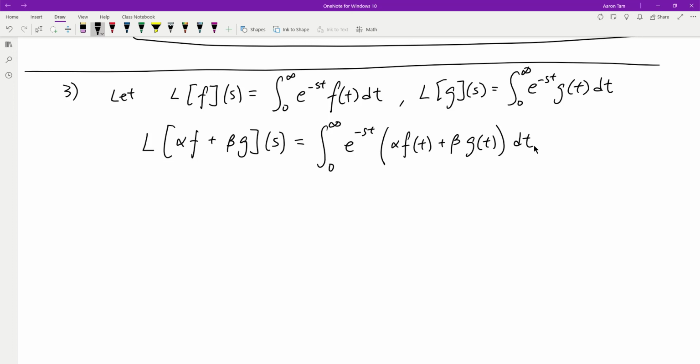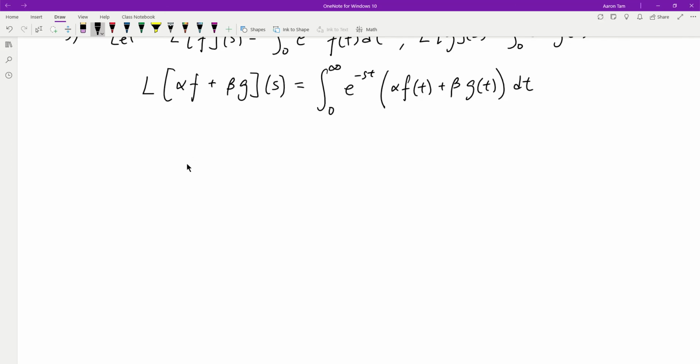Now, because this is inside the integral, I'm going to do the following. The first thing I'm going to do is multiply out e to the negative st. So it becomes alpha e to the negative st f of t plus beta e to the negative st g of t, dt.